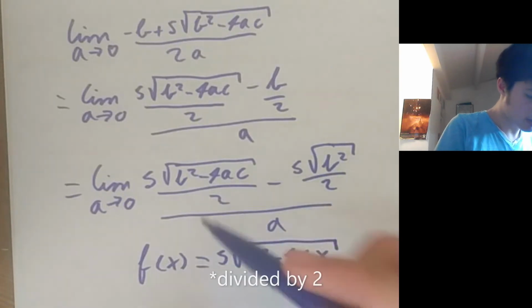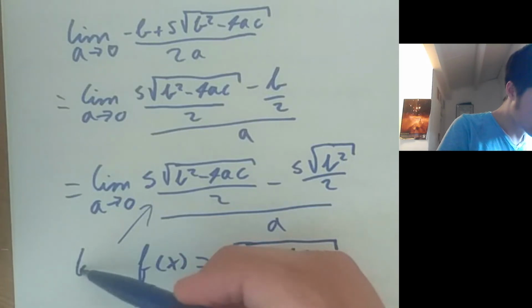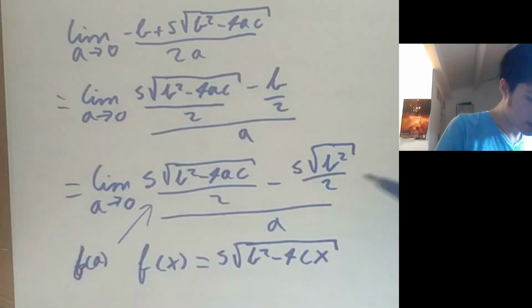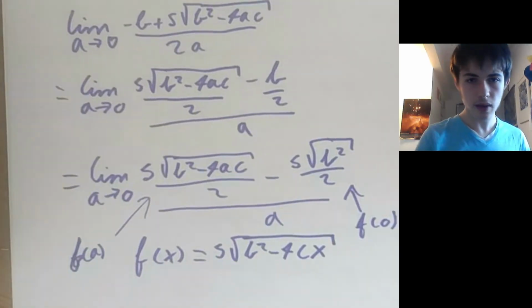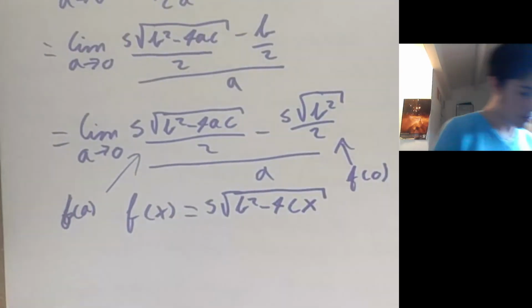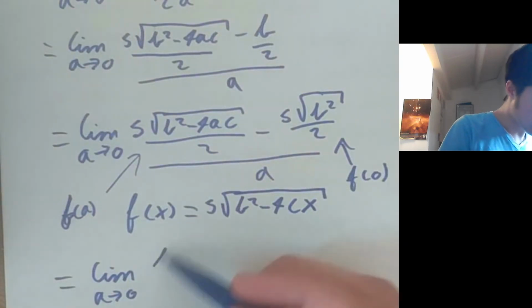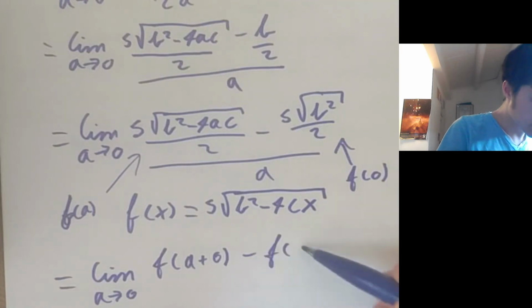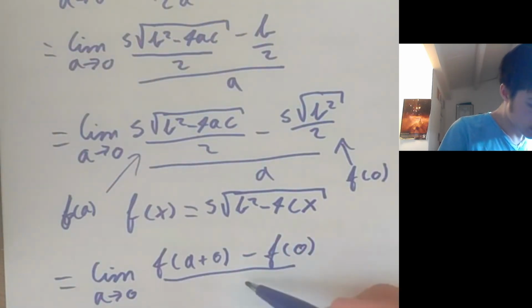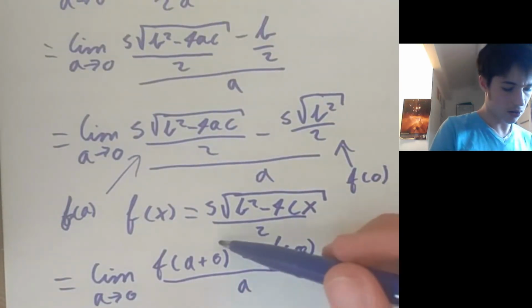And we see that this part up here is going to be f of a, and this part up here is f of 0. So that's nice. So we can write this as the limit when a goes to 0 of f of a, but I'm going to write it as f of a plus 0 minus f of 0 all divided by a. And of course this should have been a over 2 down here.